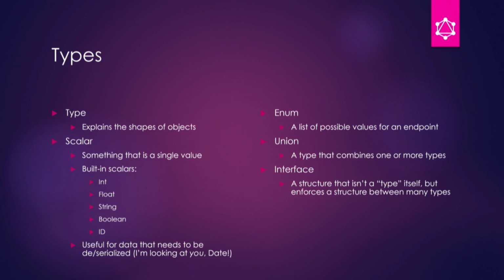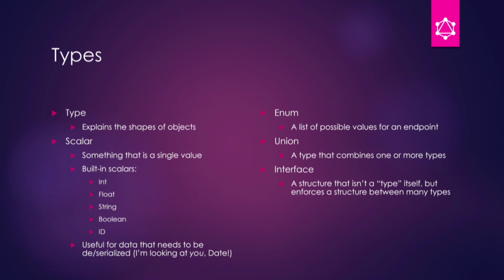GraphQL comes with several built-in scalars, such as int, float, string, Boolean, or ID, which are useful, but there are some times when there's a value that you can't express as well with an object type that you might need to serialize or deserialize.